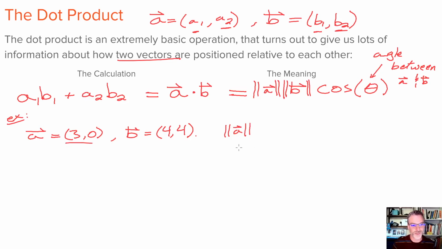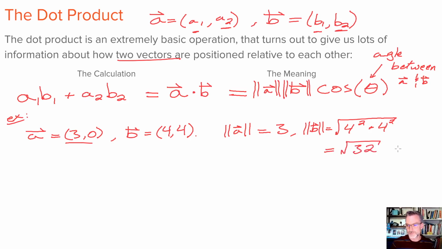You can just look at this and say, oh, the length is 3. The length of B is a little more complicated. Here, I have to take the square root of 4 squared plus 4 squared. Okay, and that's the square root of 32. I'll just leave it as the square root of 32.